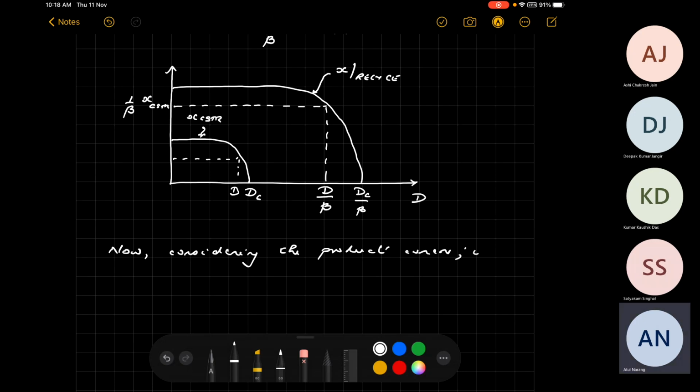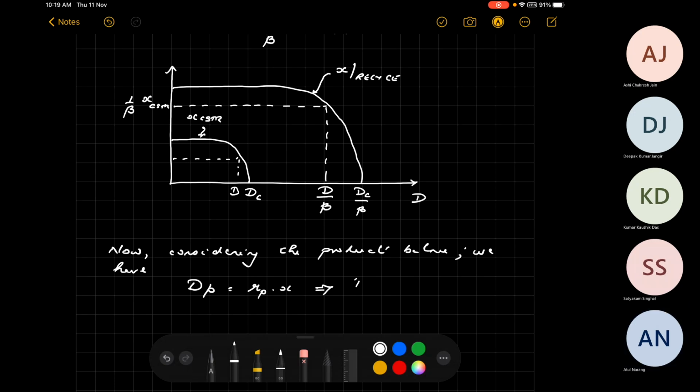considering the product balance, we have dP equals R_P multiplied by X. But we have agreed that R_P, according to our model, follows the Monod model.